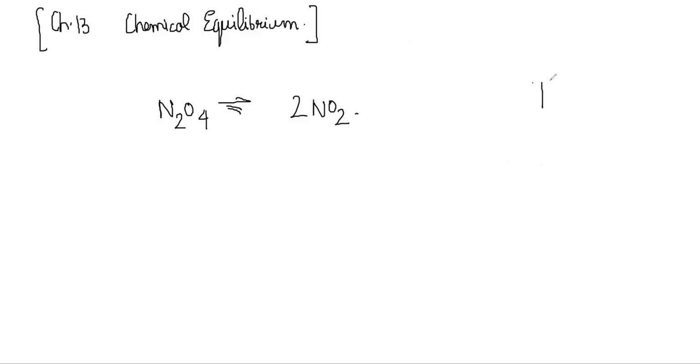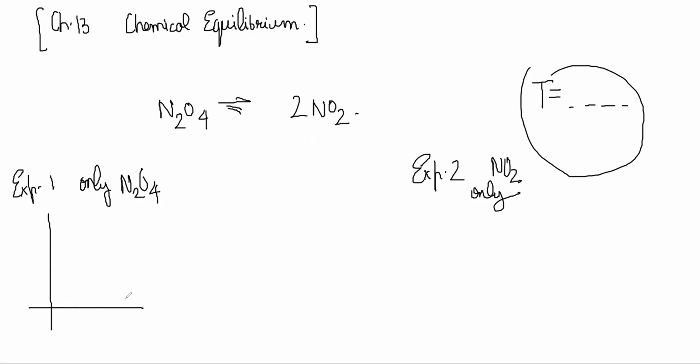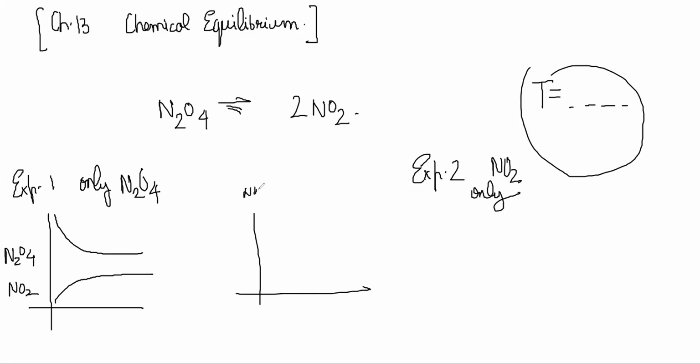If you do the reaction at the same temperature, pressure, everything, under the same conditions, in two ways, experiment one with only N2O4 from the beginning and experiment two with only NO2, eventually both reactions will approach the same equilibrium concentration levels of N2O4 and NO2, right? In this case, NO2 is on top. Here, N2O4 was only present, and NO2 was this graph here, right?